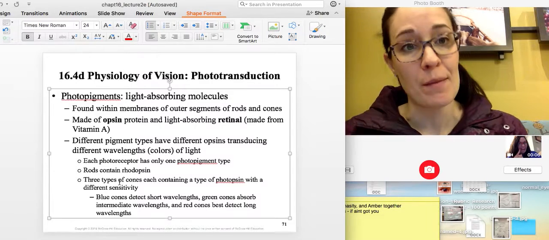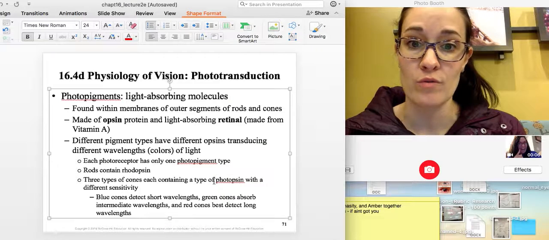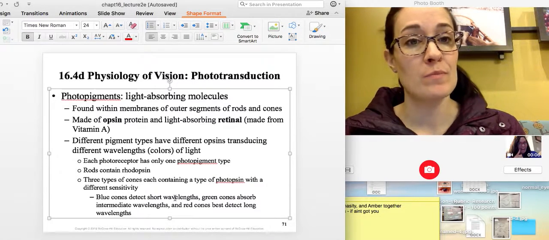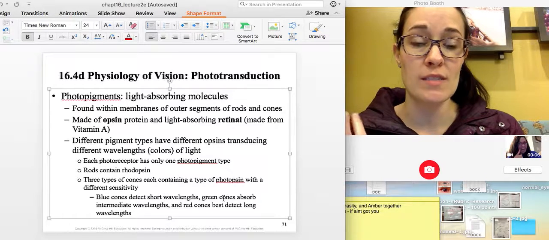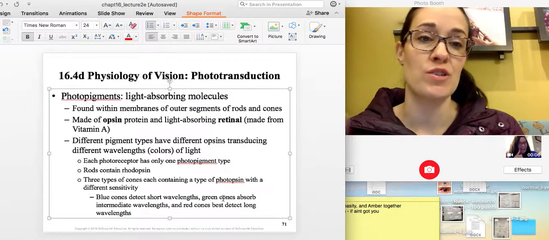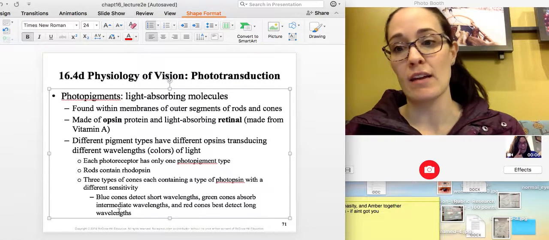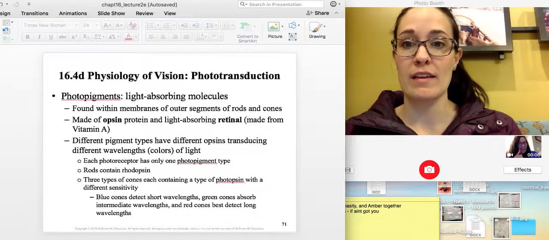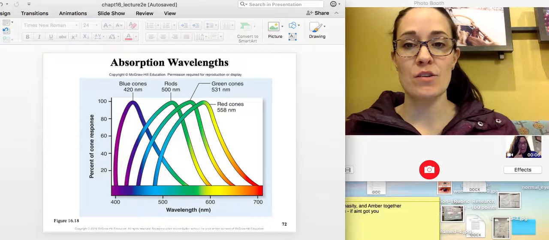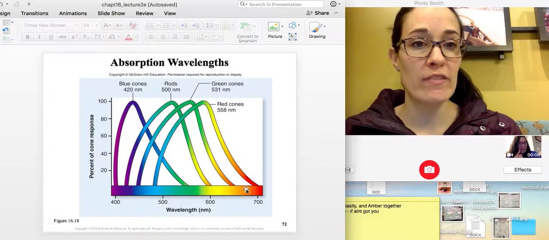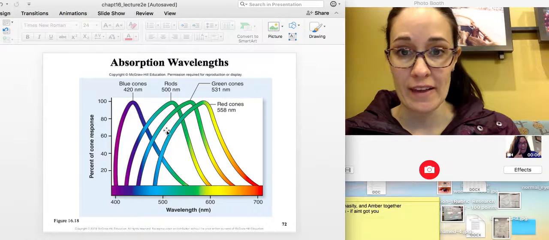Cones, there are 3 different types, and each one contains its own pigment. Some cones detect blue light, which is short wavelengths. Some cones detect green light, which is intermediate wavelength. And some cones detect red light, which is long wavelengths. This is a graph that shows the different wavelengths of light that exist and how blue is a short wavelength and red is a larger wavelength.